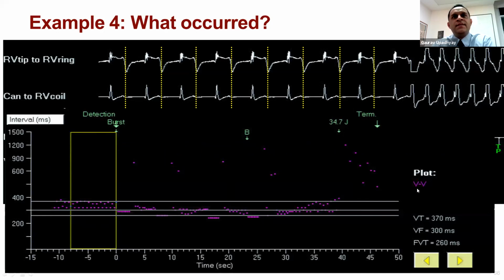What this represents is each VV interval. So it sees a VV interval that's just over 300 milliseconds and then 400 milliseconds. Just over 300 milliseconds and then 400 milliseconds. Because the one that's shorter is the T wave, and the one that's longer is the next sinus beat.